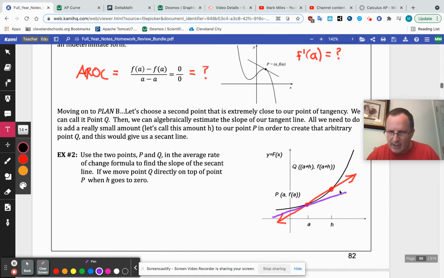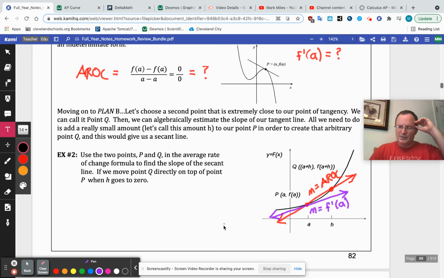So I could approximate the purple slope by using this red slope. On the red one, M is the average rate of change. But on the purple, the slope M is f prime of A, the instantaneous rate of change.